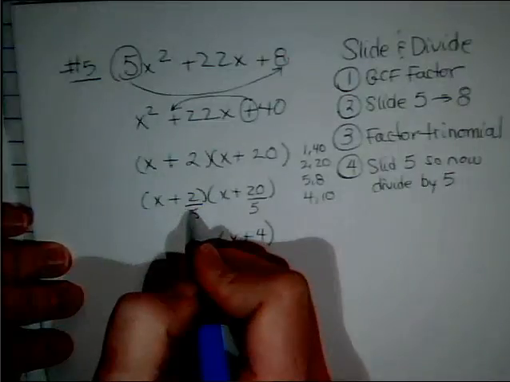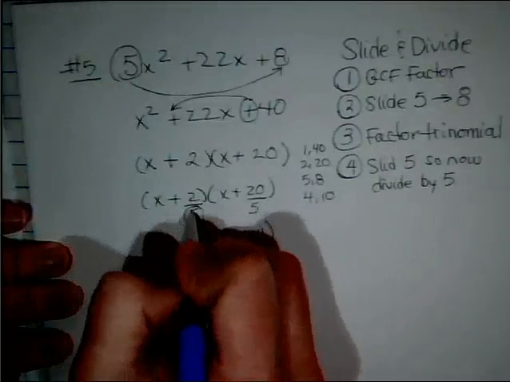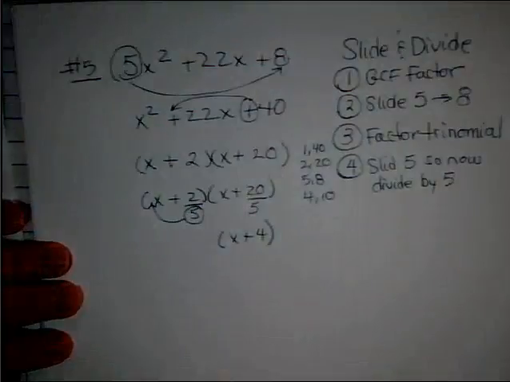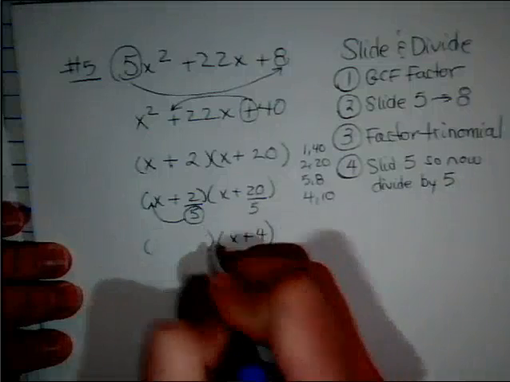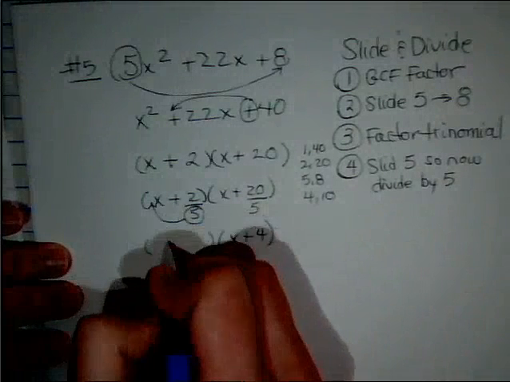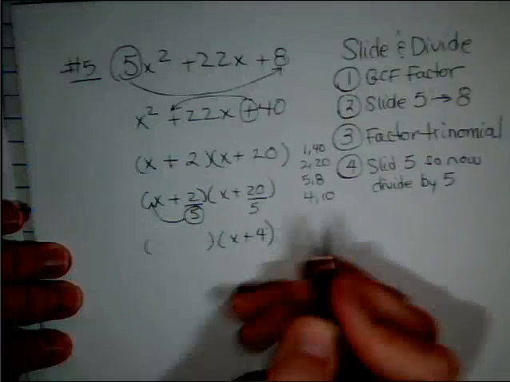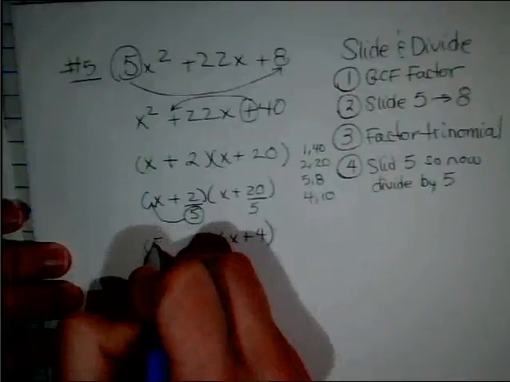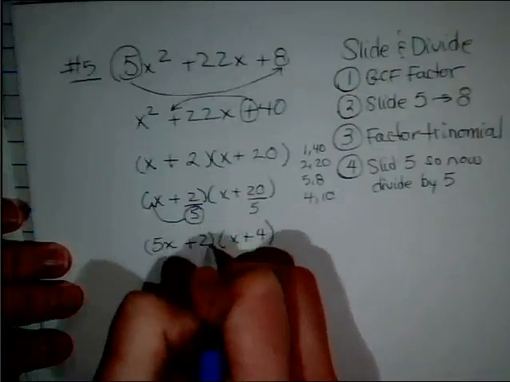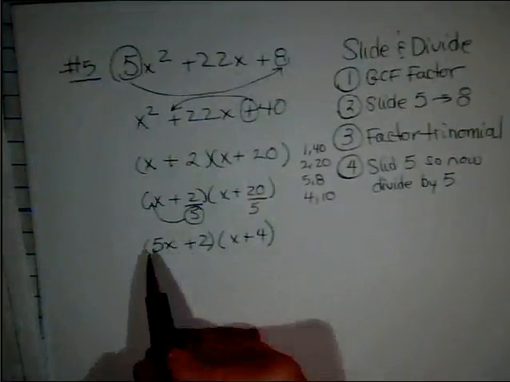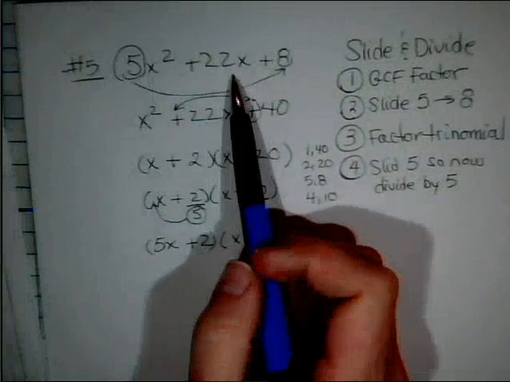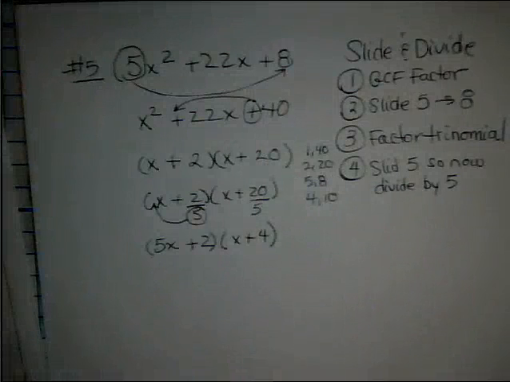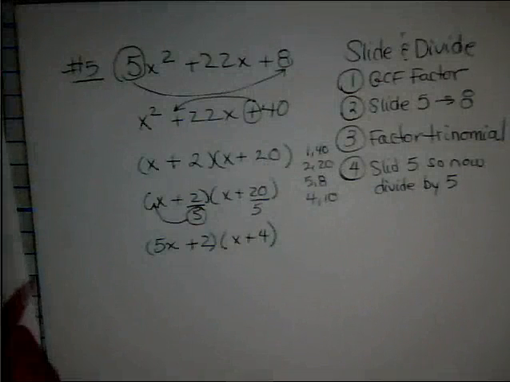And this one, we have a fraction, so we're going to slip this 5 right back in front of the x. Later you'll find out why when we're solving them by factoring, but we're just trying to get the factors at this point. So you have 5x plus 2. If you multiply that out, that will give you 5x squared plus 22x plus 8. So that's called slide and divide.